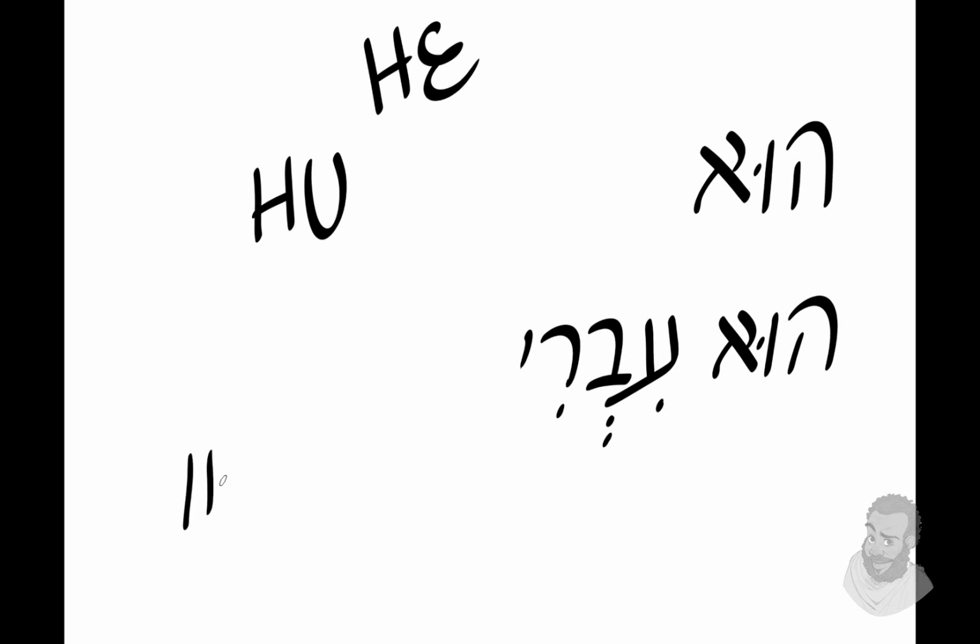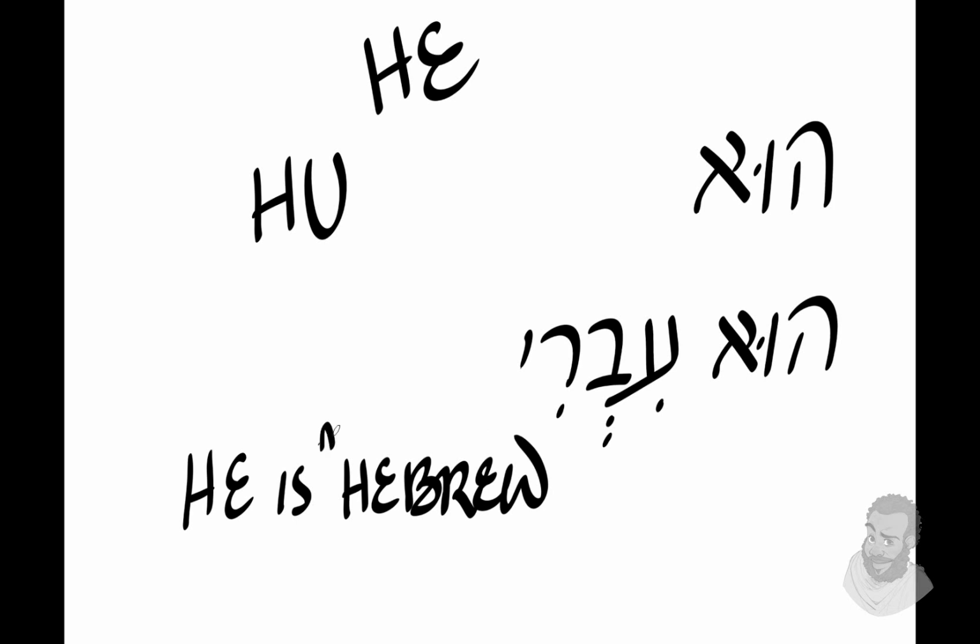He is Hebrew, or he is a Hebrew. Okay? Who every, and again you can switch it around. Every who. Just like that. I usually have mine, the pronoun is at the end. Okay? Every who. Every ani.